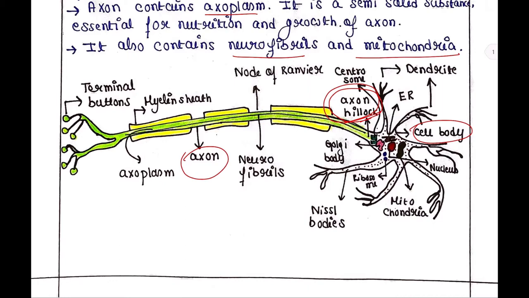Now the axon contains axoplasm and this axoplasm is the semi-solid substance and in this axoplasm it contains mitochondria and some neurofibrils.